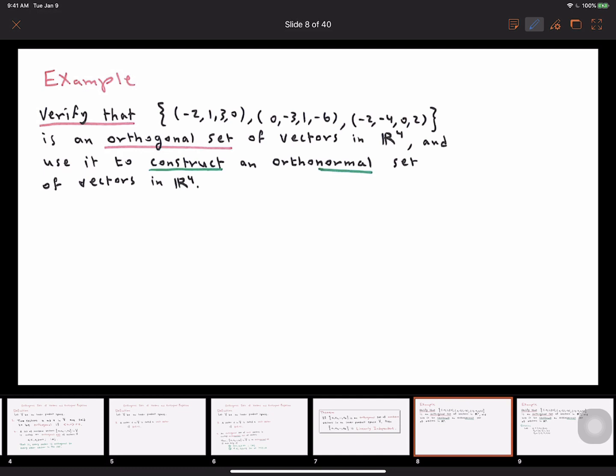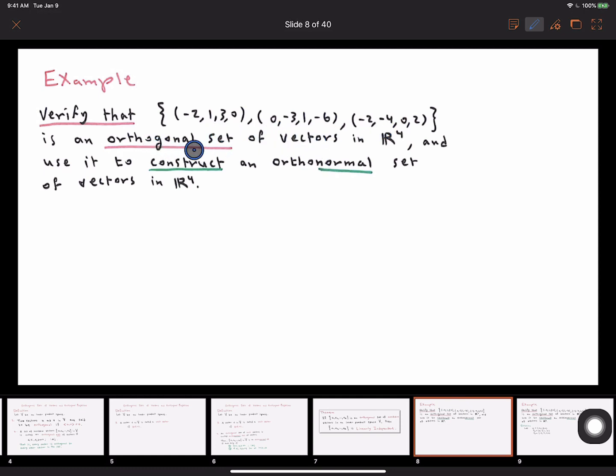Example. Verify that these three vectors in R^4 are an orthogonal set of vectors in R^4, and use them to construct an orthonormal set of vectors in R^4. So basically what they are saying, we have three vectors, 1, 2, 3.